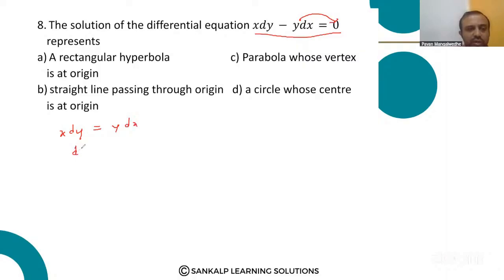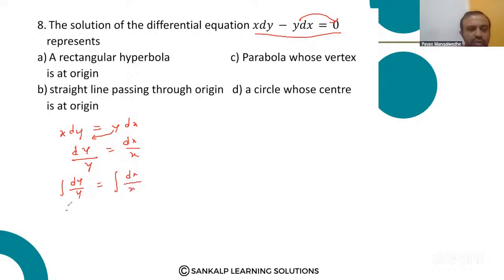So dy by y, on transposing y to the other side, equals dx by x. So integrate it. Integrating both, dy by y equals the integration of dx by x.